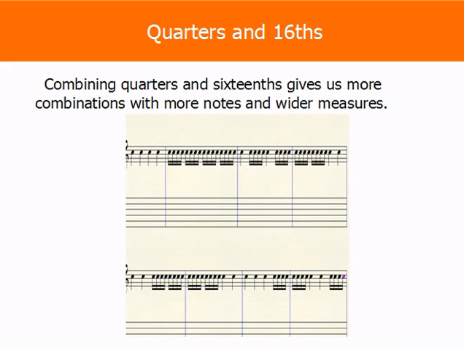Now, if we go further, we can break down quarter notes into 16th notes. Now, this is going to give us a lot more combinations, possibilities. Even when we add eighth notes to this, can you imagine how complex it can get?